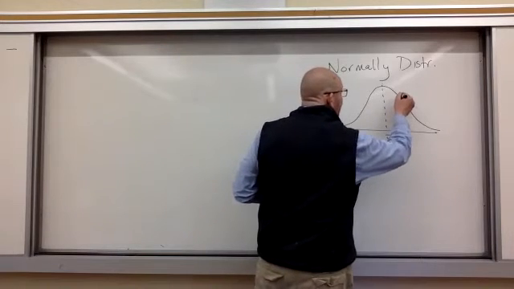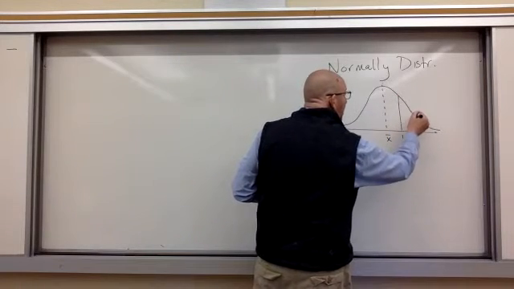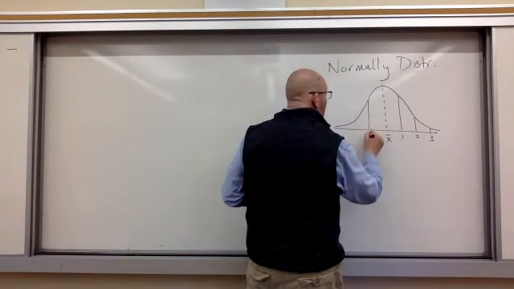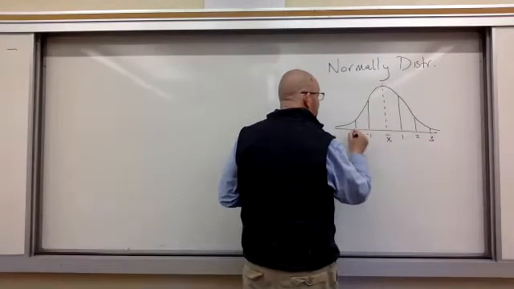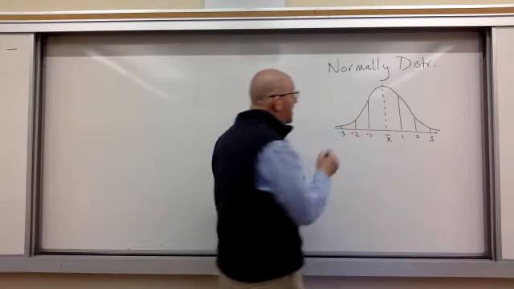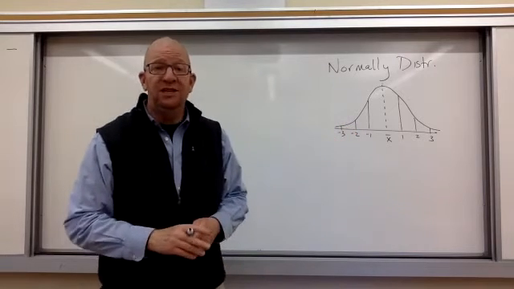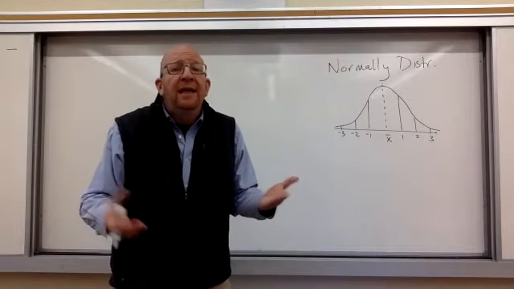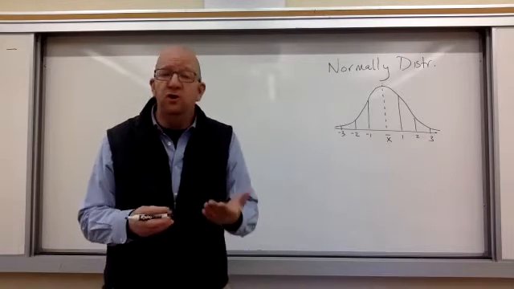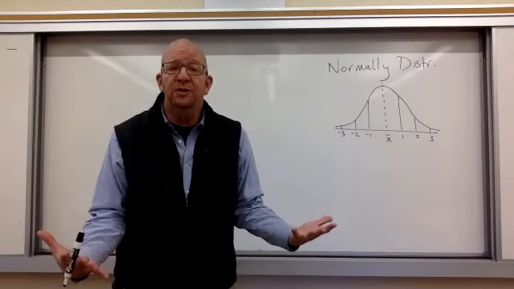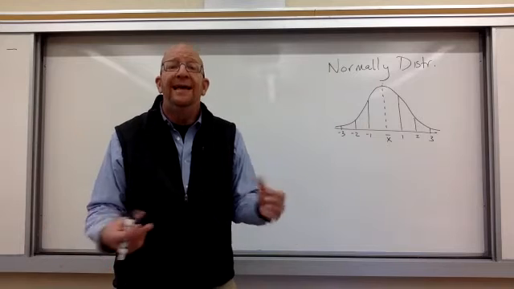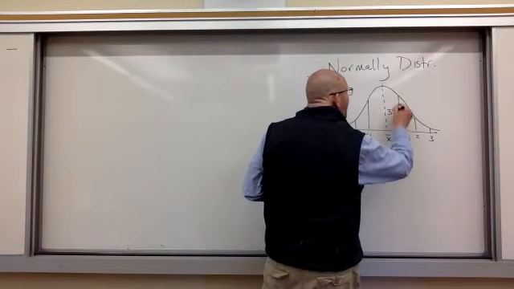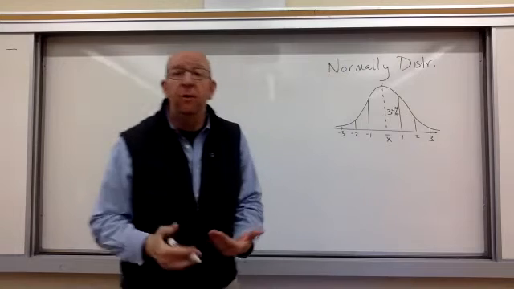For example, if I go 1 here, 2, 3, 1, 2, 3. That's 3 standard deviations on either side of the mean. What does that mean? That means it doesn't matter if you're talking about SAT scores or Russell Wilson's touchdown passes. You know why? Because this is always going to be 34% of the data.